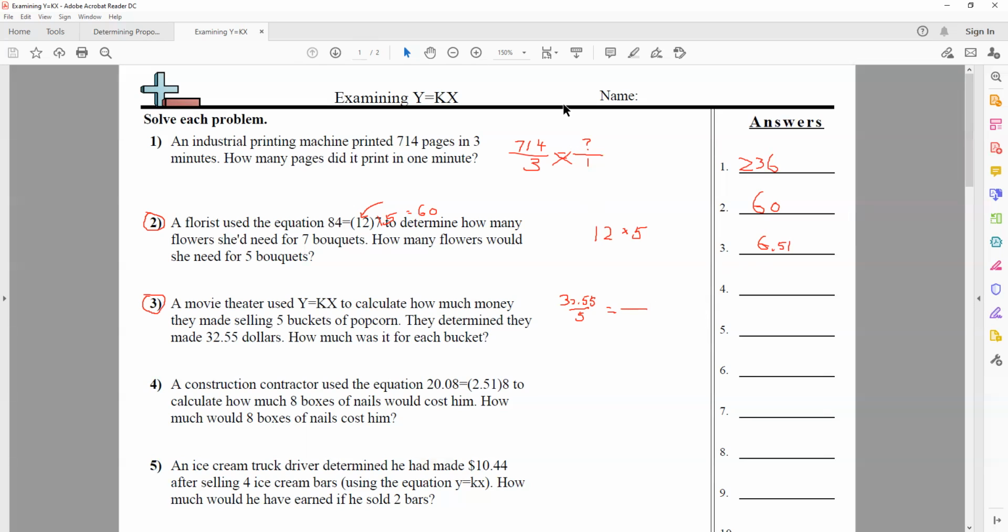Okay, number 4. That one, ice cream, construction contractor. Use the equation.